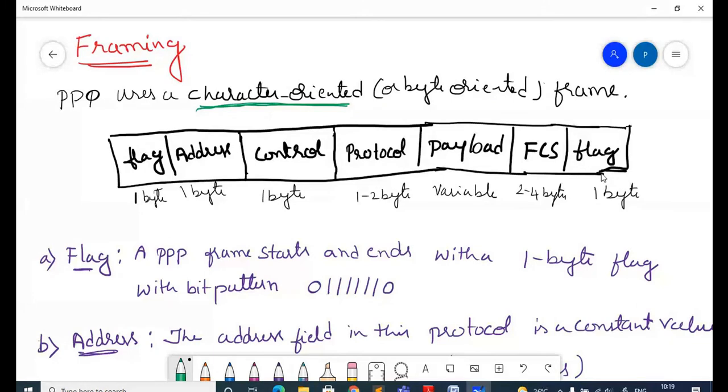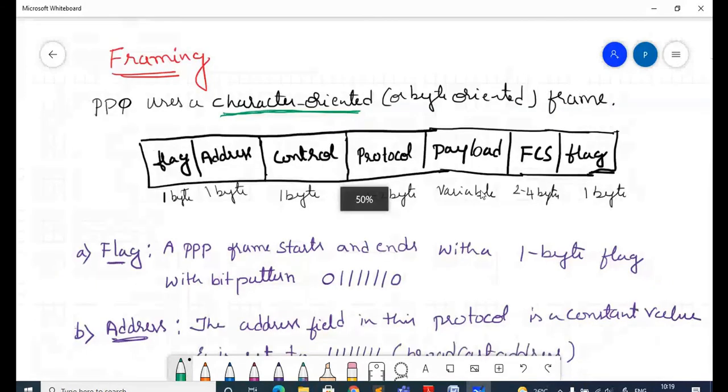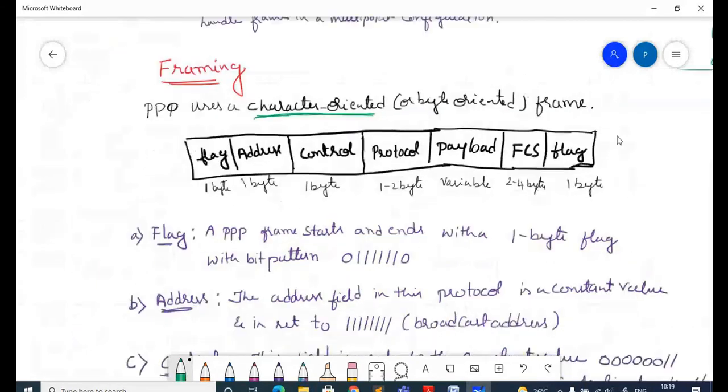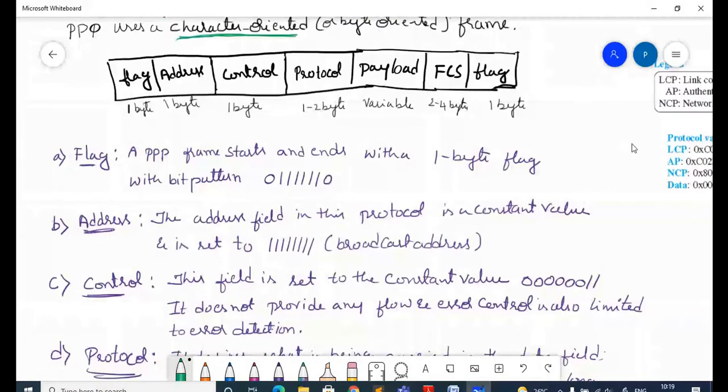After that, let's go one by one. For the flag, the number of bits allocated is 8 bits, that is 1 byte. For address, 1 byte, and then control, 1 byte, and protocol, which may take 1 to 2 bytes.